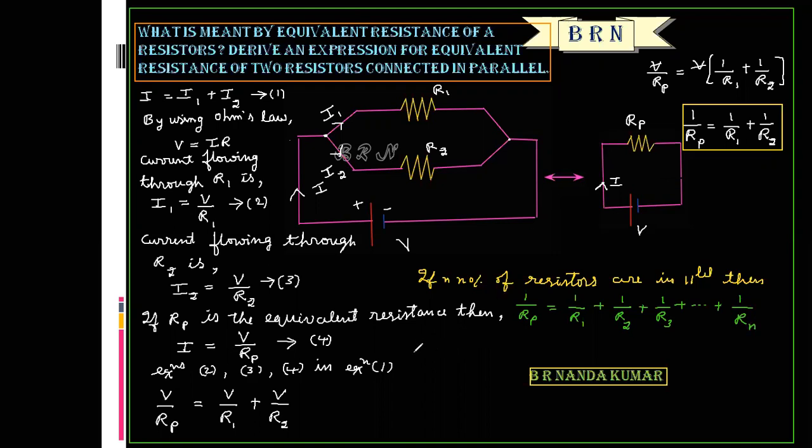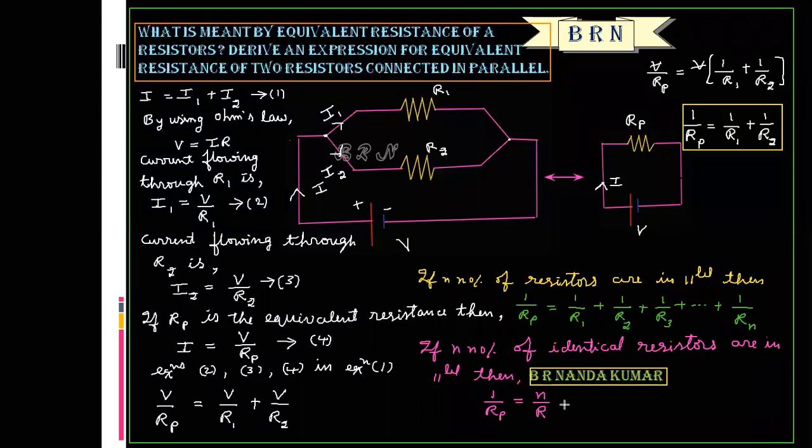Suppose n number of identical resistors are connected in parallel, then the equivalent resistance is 1 divided by RP equal to n divided by R. And what is the value of RP?